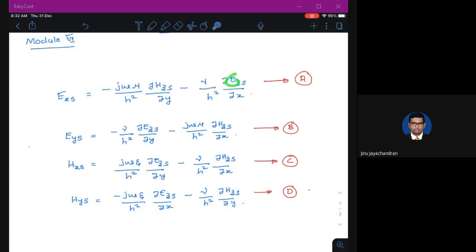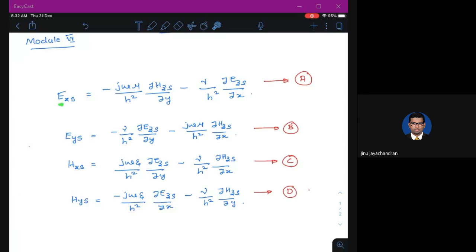Okay, so Ex and Ey or Hx and Hy have their dependencies directly on the components Hz and Ez. So if you look at all these equations, you can see that all the equations depend on Ez and Hz. Now, if the wave was propagating in, let's say, the x direction, then instead of Hz and Ez, you would have Hx and Ex.